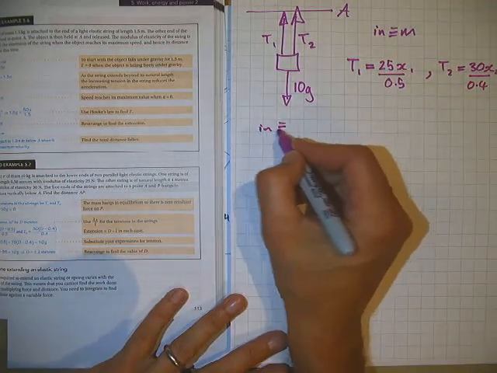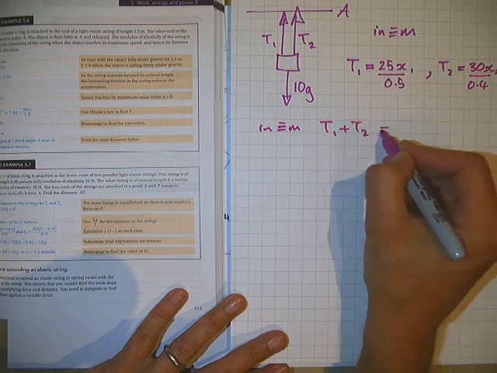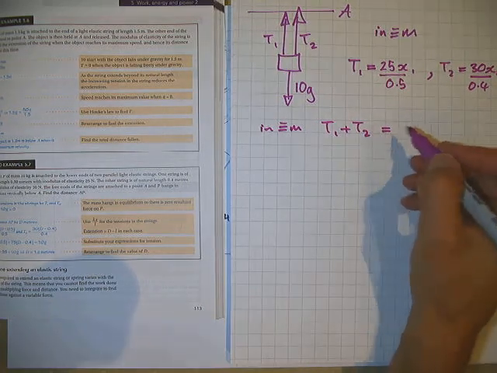It's in equilibrium. T1 and T2 balance 10g.